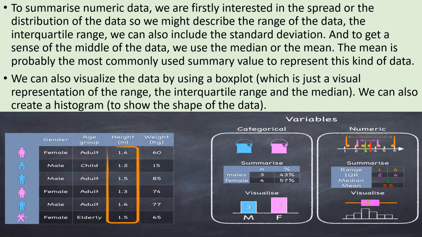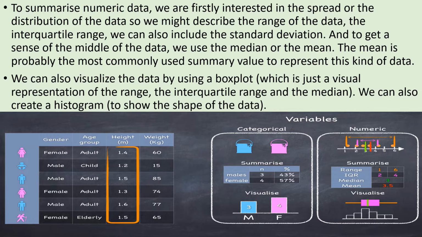And we can also include the standard deviation. To get a sense of the middle of the data, we use the median and the mean. There you can see the green and the red lines in the middle. The mean is probably the most commonly used summary value to represent this kind of data.